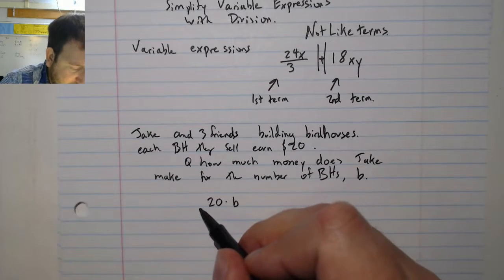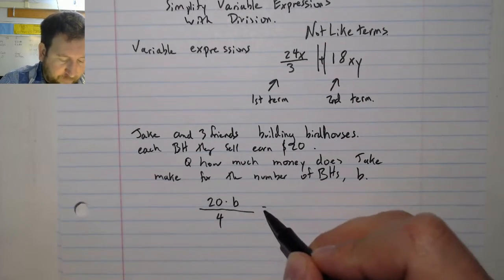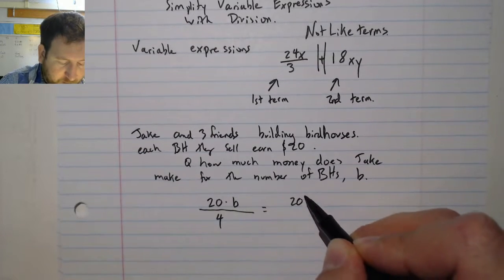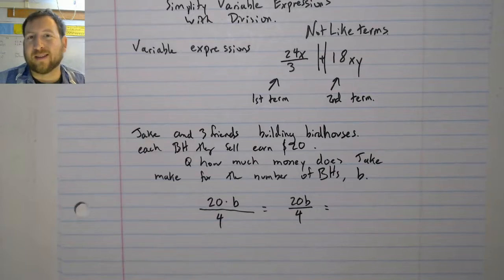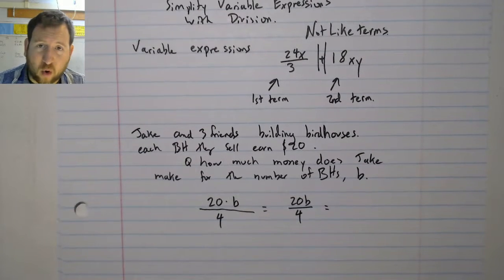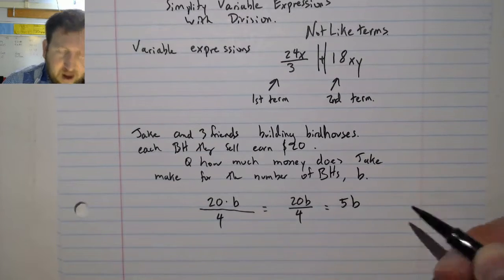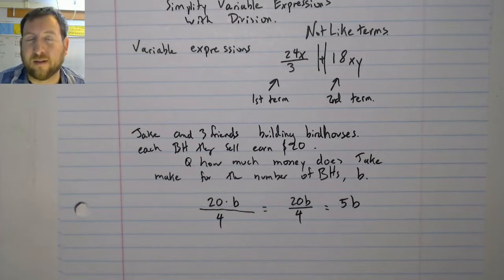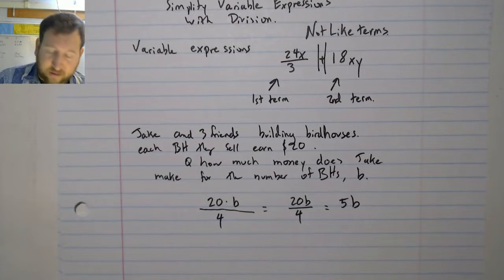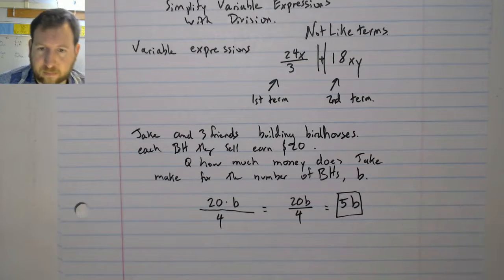So that means I take the total money they earn and I divide it by 4. And I can simplify that a little bit to 20b over 4. And I could simplify it a little bit more even, and I could say that he earns 5b. So every birdhouse he builds, he personally gets to take home 5 bucks, which is pretty nice. I could build a lot of birdhouses for that, make some serious money.